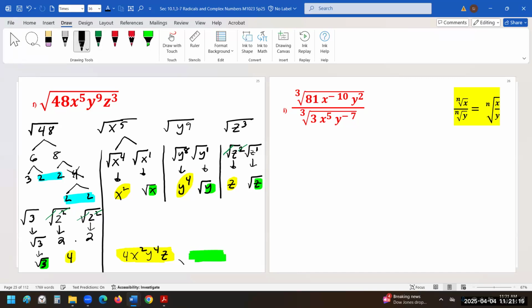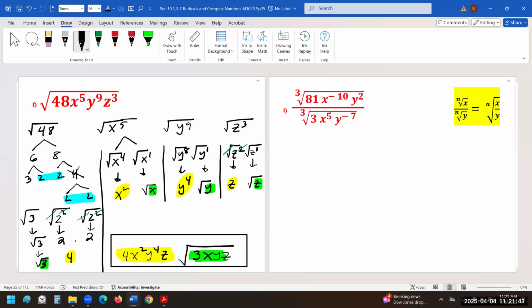So you put them together under one radical, 3xyz. And now we are done. We have all the free together, all the non-free together, and they all are playing with one another. Any question?